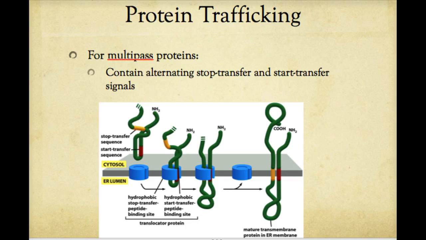One pass was achieved with a start transfer sequence, and one pass was achieved with a stop transfer sequence. And you can imagine that if you added more of these, if you kept alternating start, stop, start, stop, start, stop, you could get a protein to pass through multiple times.